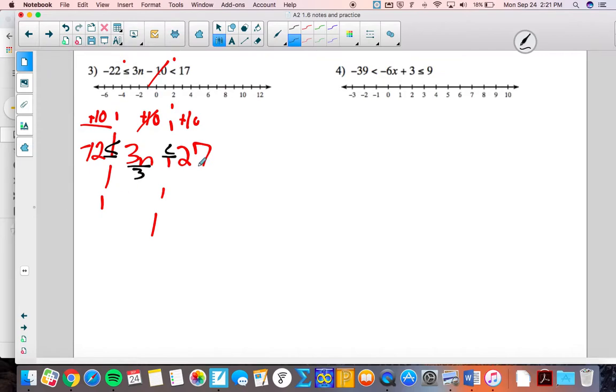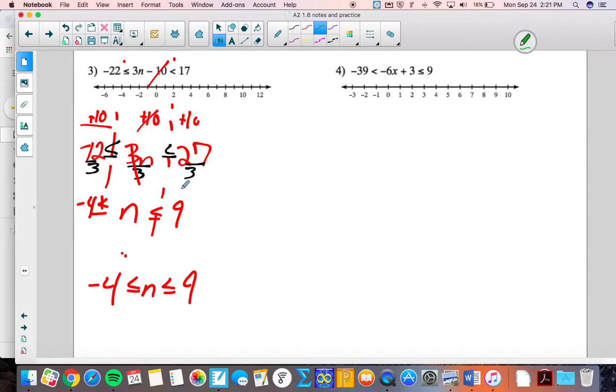Now divide by 3. So we get -4. And now I didn't divide by a negative either. I divided by a positive, so I'm not flipping the direction of the inequalities. So bring them down the way they are. -4, we get n, and we get 9. So to write that prettier, it looks like this.